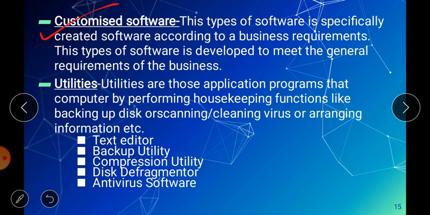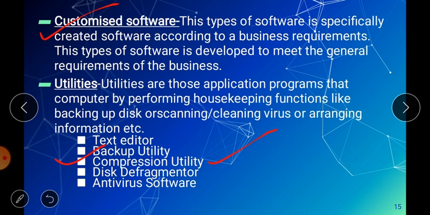Now moving towards the utility. So what is the utility software? Utility means you can use it for different uses in your computer system, such as a text editor, the notepad. The backup utility means timely you can take the backup of your computer system. Compression utility, with the help of this utility you can compress your file, or lessen the space taken by your file, so you can save many more files in your computer system.